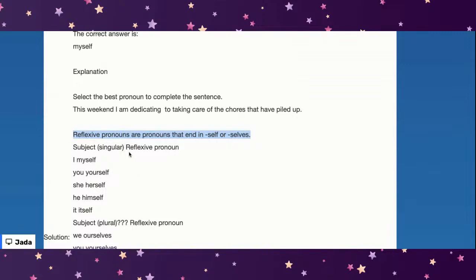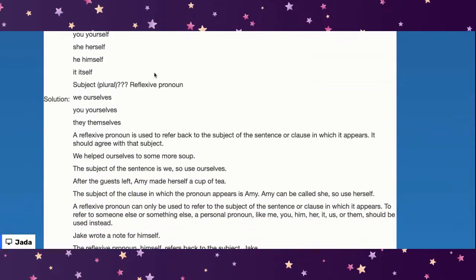We have the singular reflexive pronouns and also the plural. The ones that end with -f are singular, but if you see -ves, that means it is plural. So: I, myself; you, yourself; she, herself; he, himself; it, itself. Okay, so that's the difference.